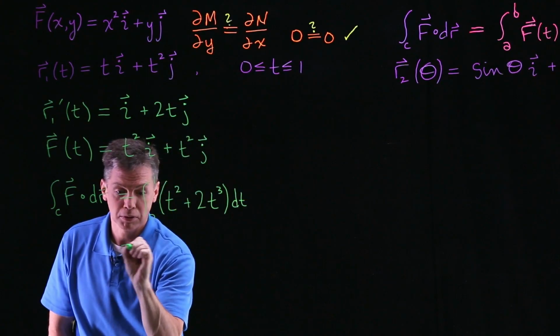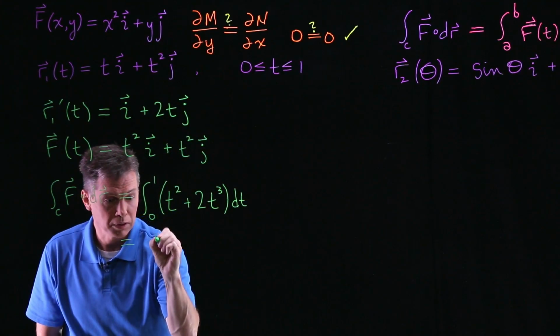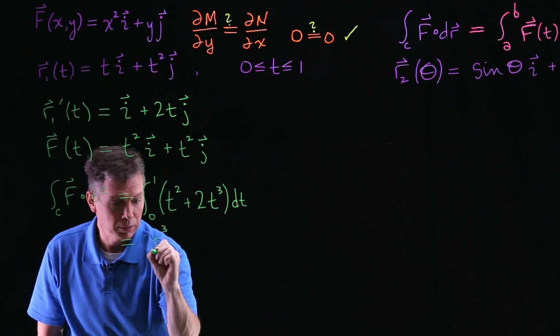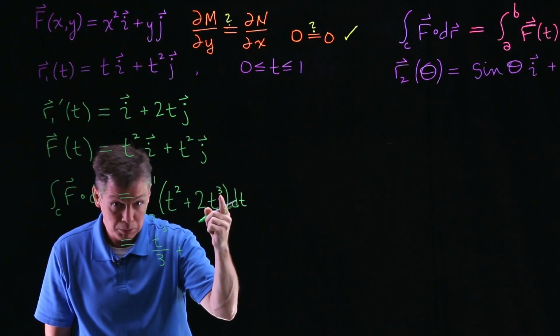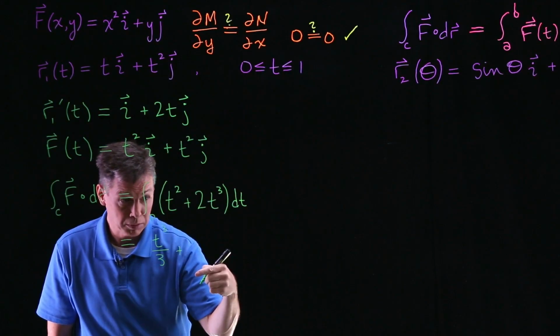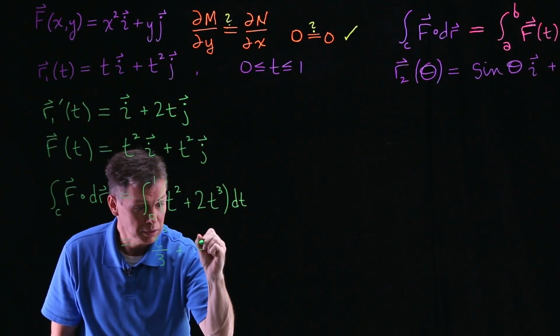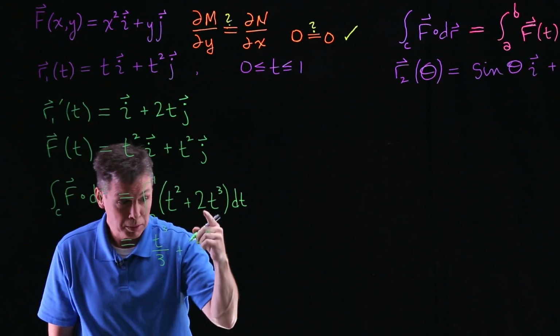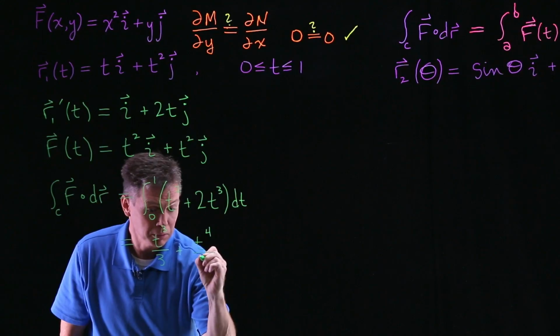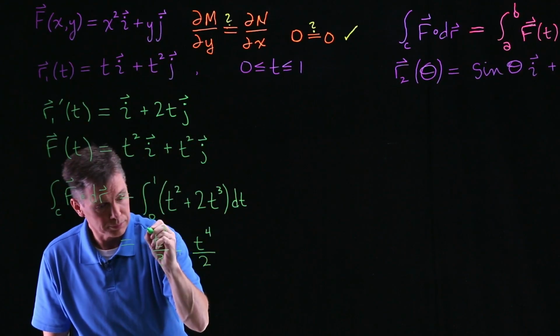Let's actually do this integral. T squared is going to go up to the 3 power divided by 3, plus t cubed goes up to t to the 4th, divide by 4, but there's a 2 here, so I'll end up dividing by 2.